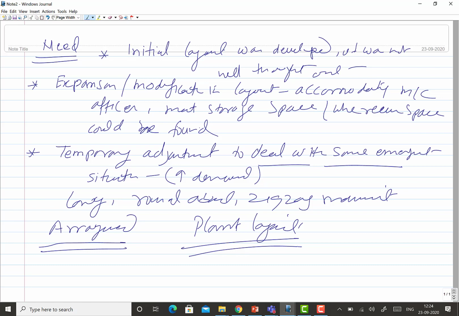So if a work study man goes in there and finds a particular movement, he may say, okay, this is not good, but those things might have been done considering certain things in mind. And so it is important to know what the existing layout is.